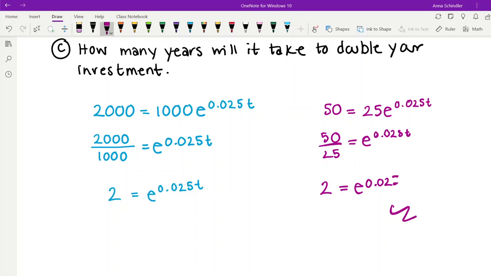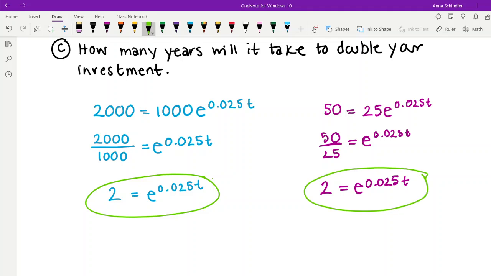So my point is that regardless of how much money you started with, if the question is how long it would take you to double your money, you're going to get the same solution either way, right? This equation on the left is what we ended up with, and I know we're not done solving it, when we started with 1,000 and we're looking to get 2,000. This equation is what we ended up with if we started with 25 and we're trying to get 50. And so these are going to have the same solution.